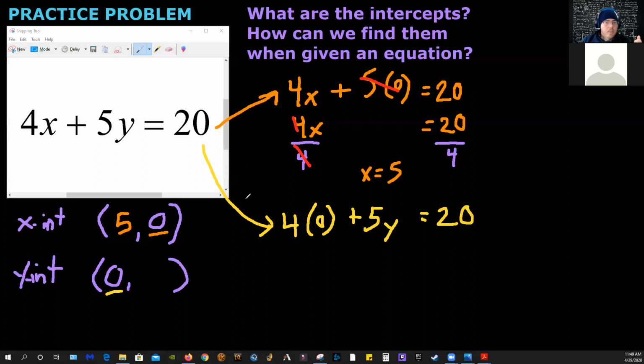So 4 times 0, again, anything times 0 is going to be nothing. That makes 0. So we end up with 5y equals 20.